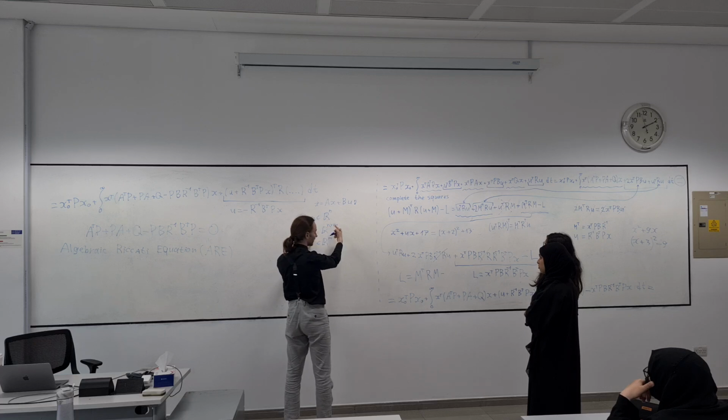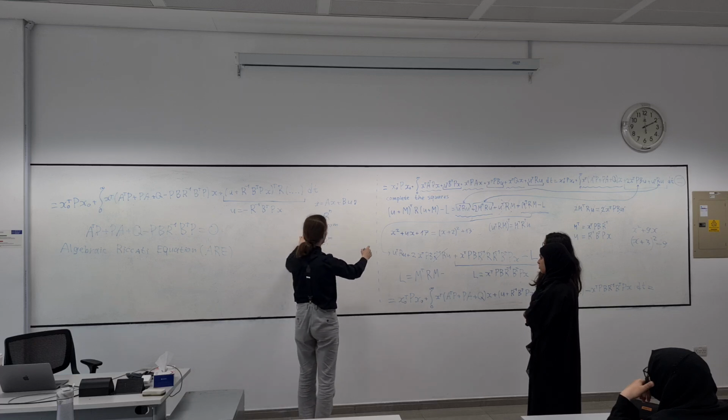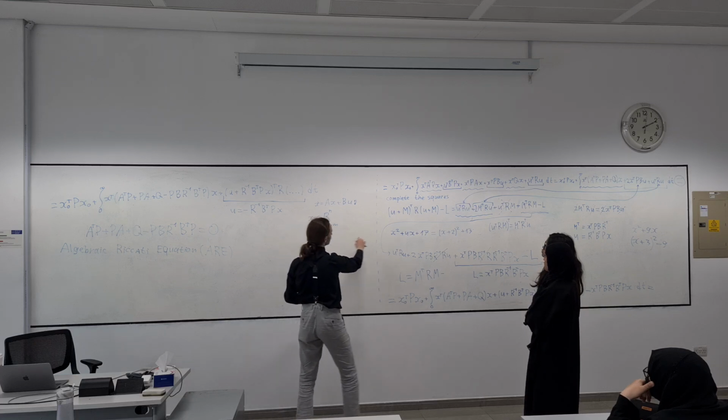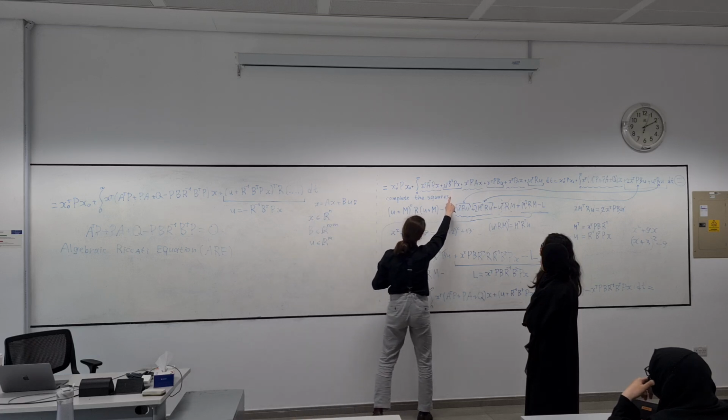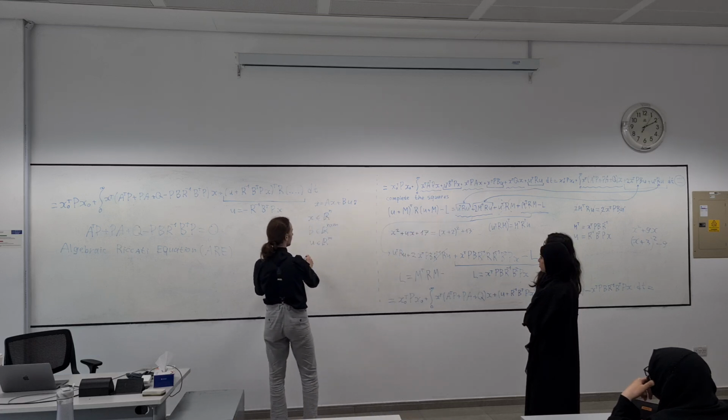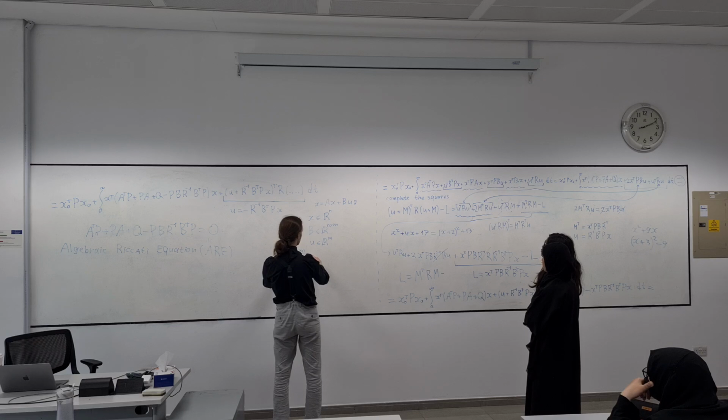So let's look at what we want with this multiplication. We get the following: 1 by n, times B transpose.